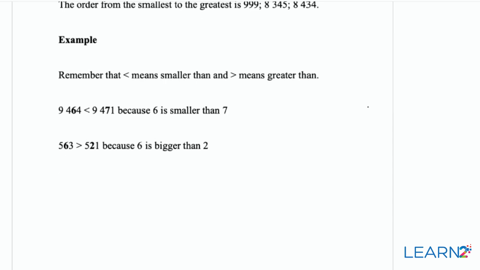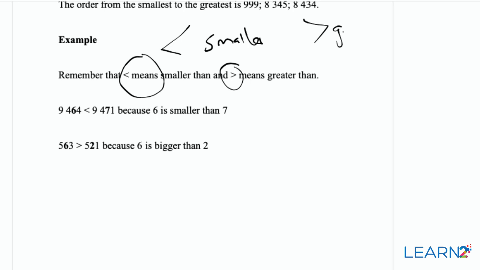So what we also need to learn are these symbols or signs. This one means smaller than, whereas this symbol means greater than. And you're often given questions where you've got to fill in these symbols. So if we look at these numbers, 9464 versus 9471, which one is bigger?